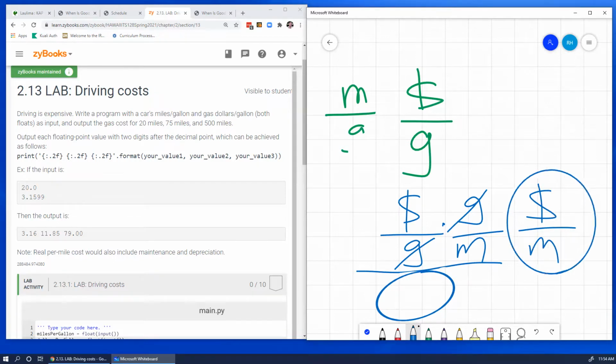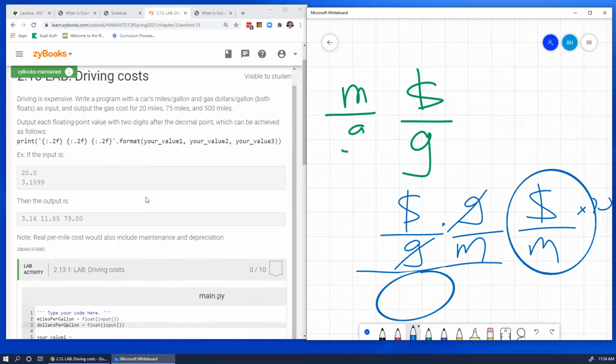We want a dollars per mile number, because then we can multiply it by the number of miles, and we get dollars. So if you multiply this by 20, for 20 miles, it costs 20 times this thing, which gives us the dollars that 20 miles cost.